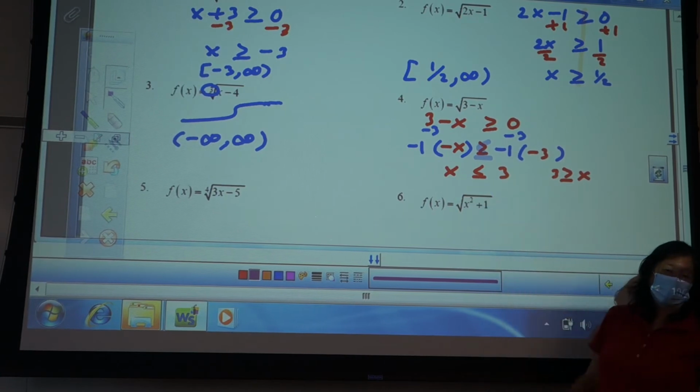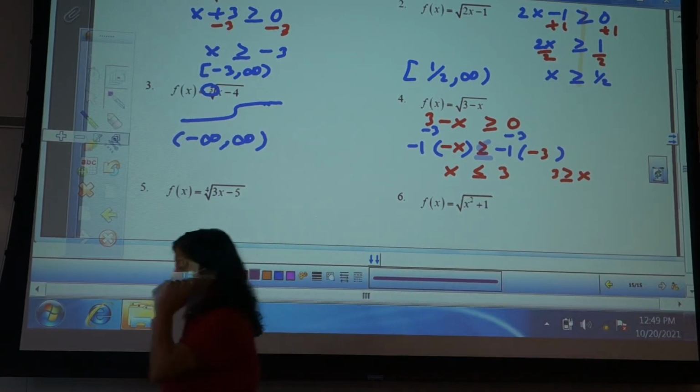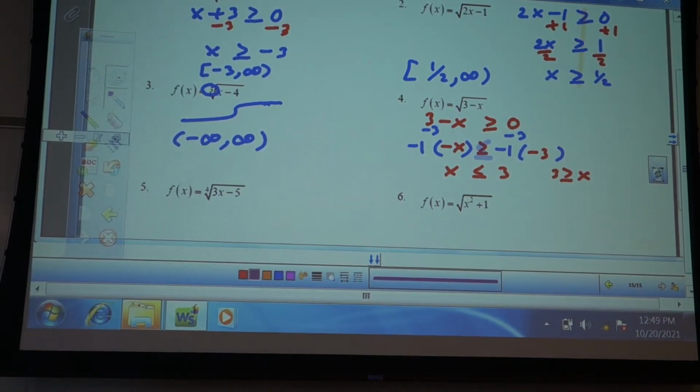Either way, 3 is the larger one. So how do we write this inequality? We write it as x is less than 3, so it becomes negative infinity to 3, like that instead. So that's how it impacts us.